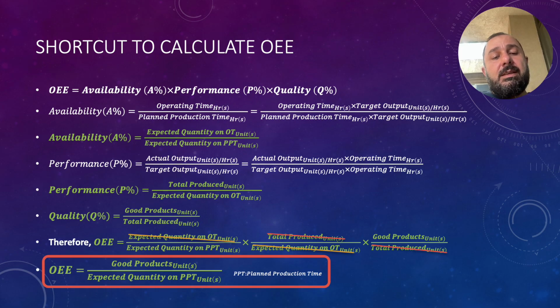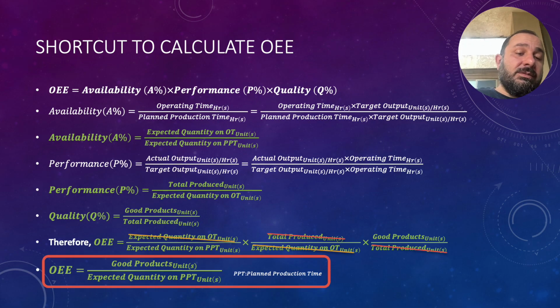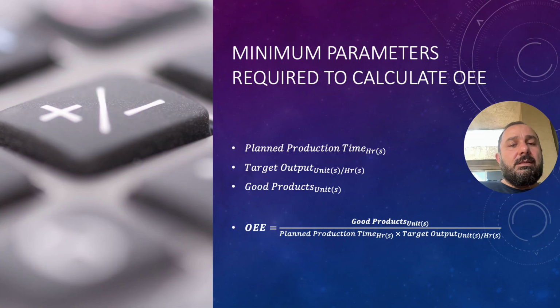So if I multiply the three of them again, I can really reduce it into one factor, which is good products at the end of the production over the expected quantity on the planned production time. So we can minimize that by having only three parameters during production.